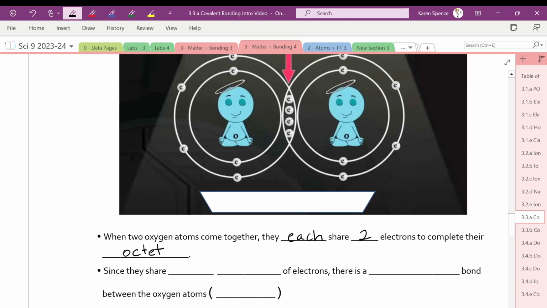Since they share 2 pairs of electrons, it's not a single bond anymore, it is a double bond. So we have an O, we have an O, and this is a double covalent bond. Is that good?